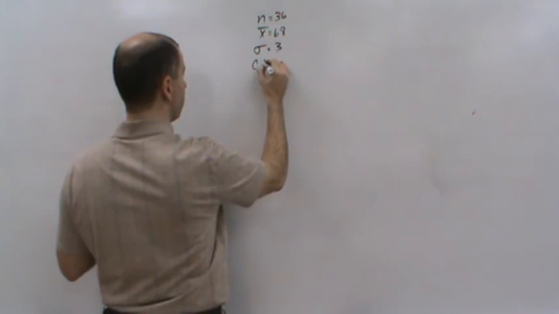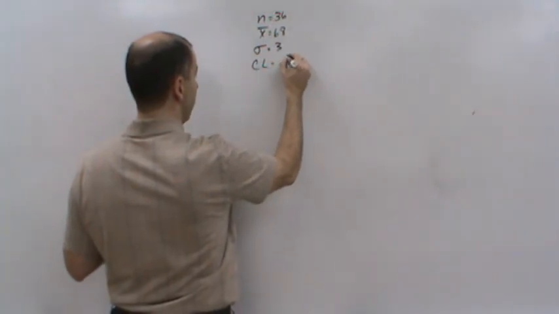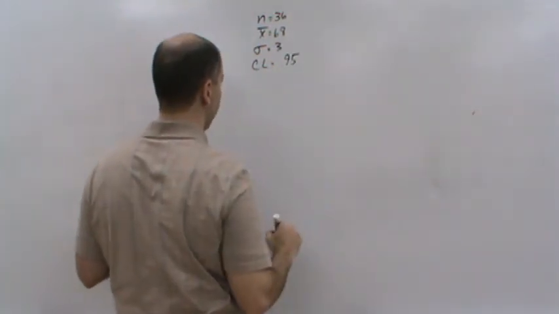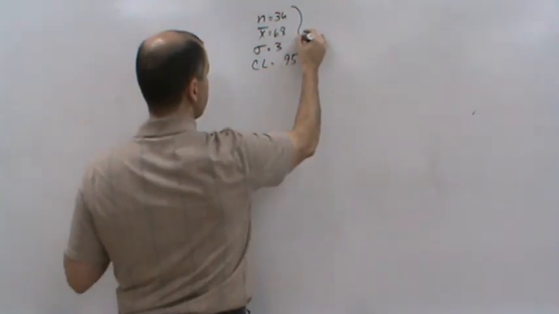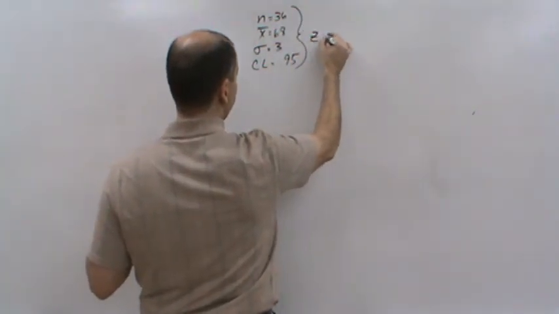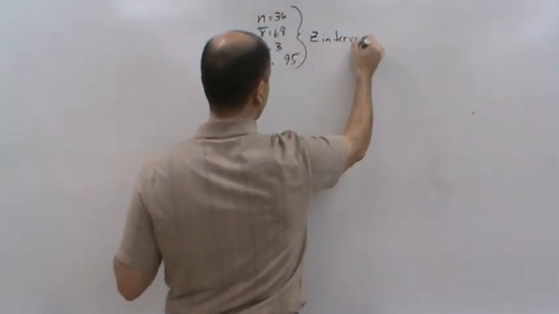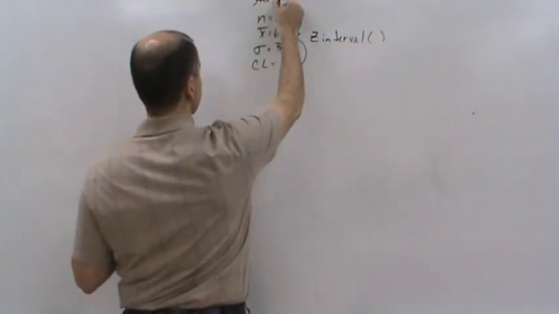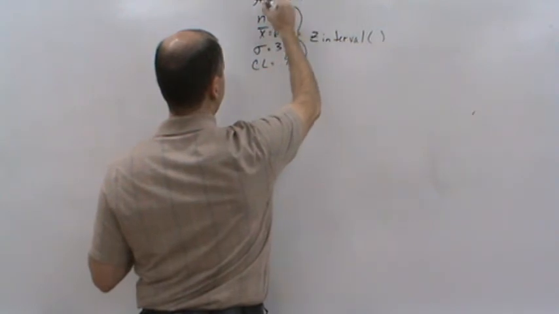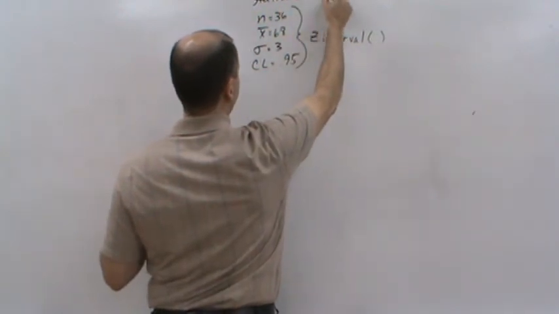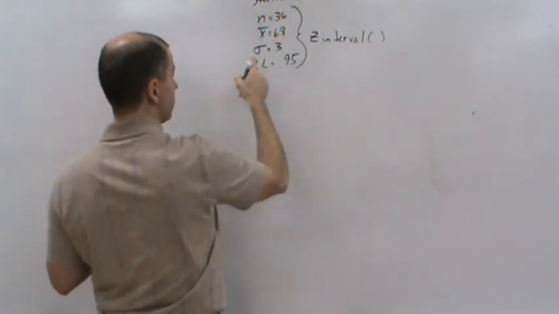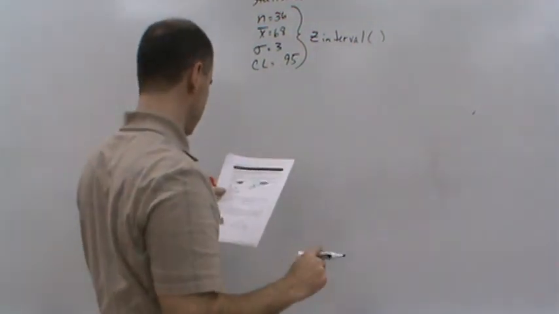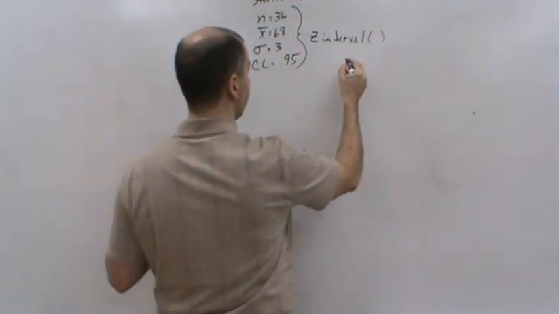Now we're going to do a confidence level of 95%. Okay? And so if we use this information and we use Z interval, okay, so this is the statistics test, right? Okay, so the only difference is we're doing a 95% confidence interval. And so if we do that, we get this.